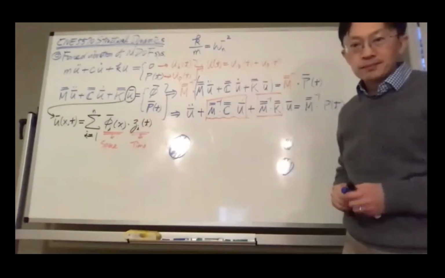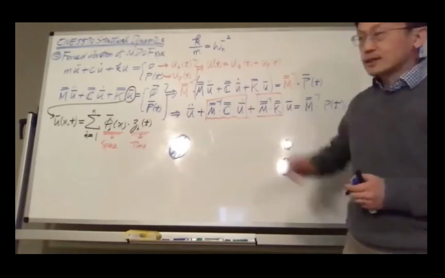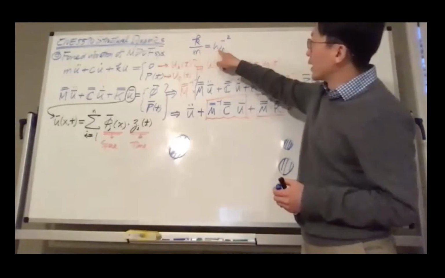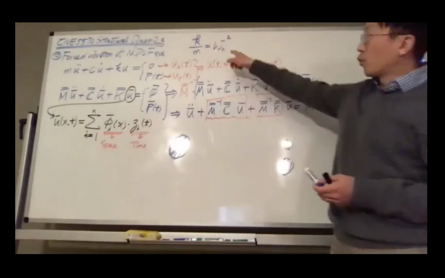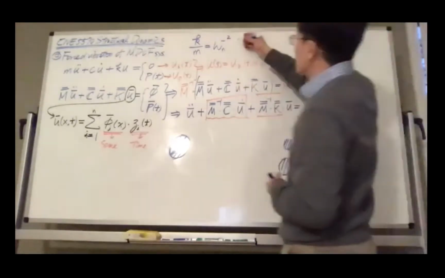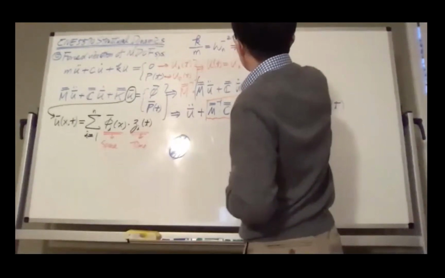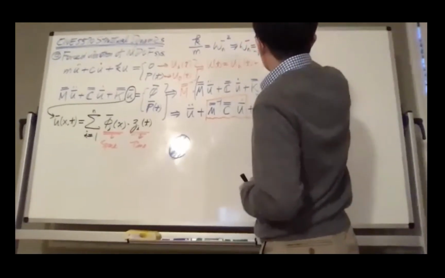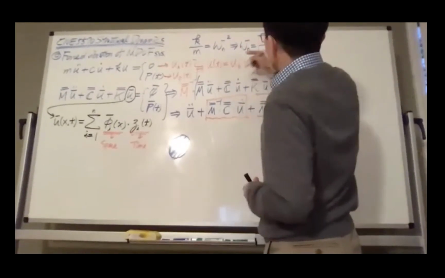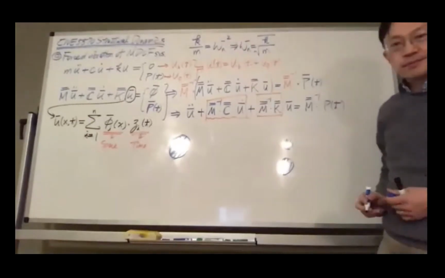Is that K over M? Is that what you have? Yes. K over M equals omega n squared. And why this? Of course, it's because we said that omega n is the square root of K over M. So of course, this is just the same thing.